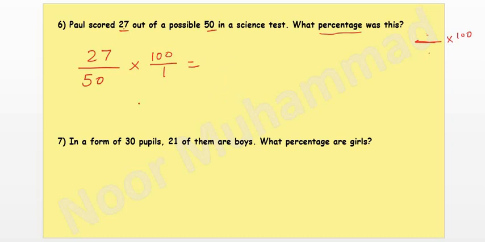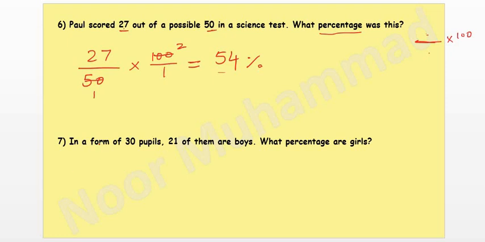So multiply it by 100. 50 times 1 is 50 and 50 times 2 is 100. What are we left with? We are left with only 27 times 2, that will be 54, and in the denominator it will be 1 times 1, so no need to write 1 in the denominator. So he got 54% marks.